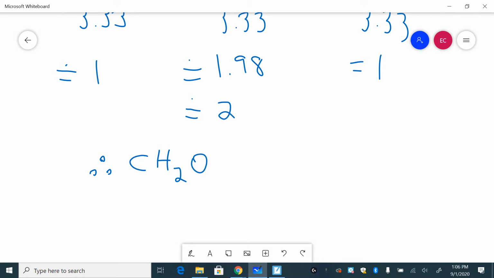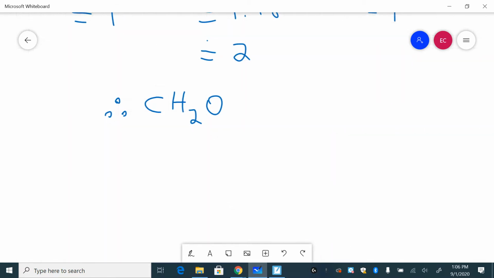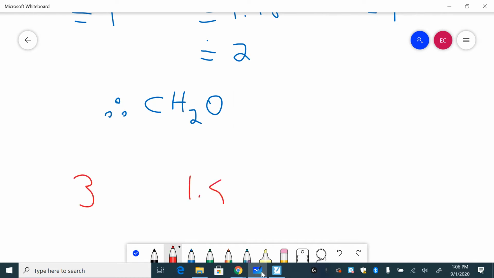But if you have 1.5, I'm just going to make something up. Say your answers after dividing were 3, 1.5, and 2. This is a problem because at 1.5, do I round up or down? In math class, it would be up. But in science class, since this is a chemistry question, it could be up or down.